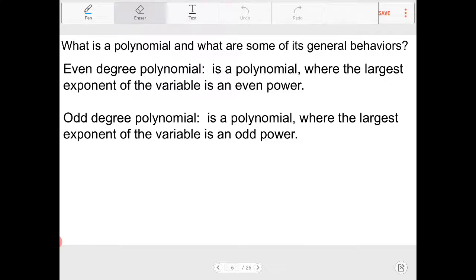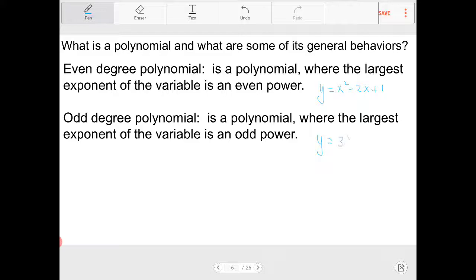So, for instance, the quadratic equation, the equation for a parabola, is an even degree polynomial. So I have y is equal to, let's say, x squared minus 2x plus 1. That is an even degree polynomial because the highest exponent here is 2.